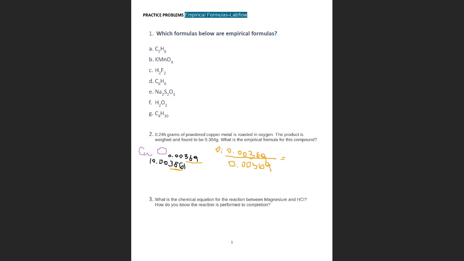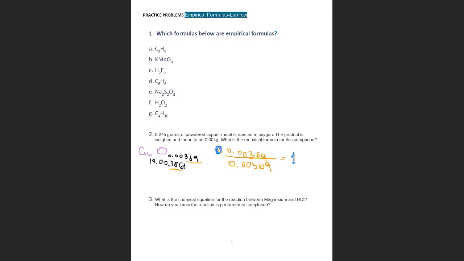Obviously I'm going to get a 1, because all I did is divide both numbers by the smallest number, the one that ends in 369. So I divide 0.00369 by 0.00369, and I obtain a 1. This is going to be the subscript for oxygen.